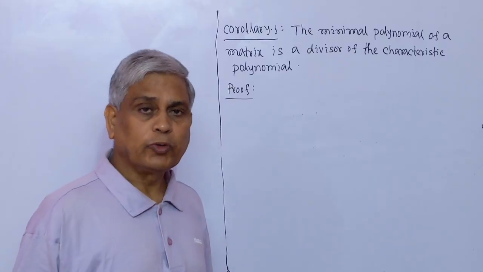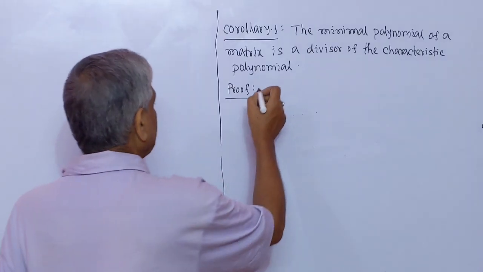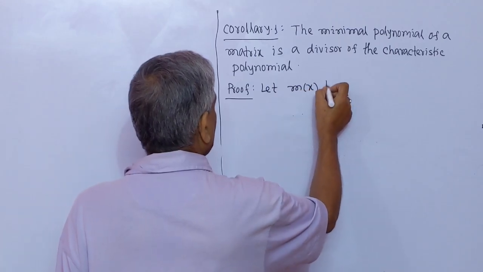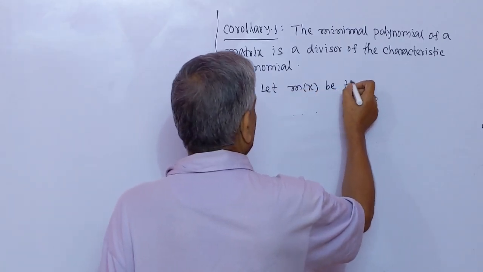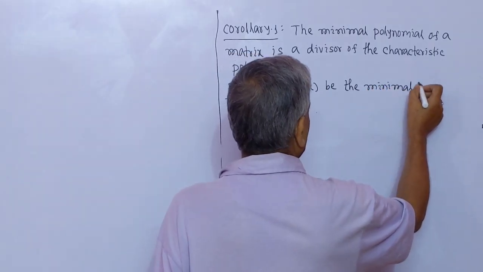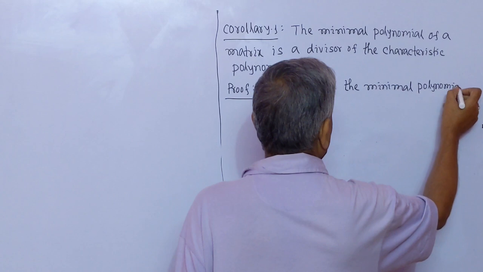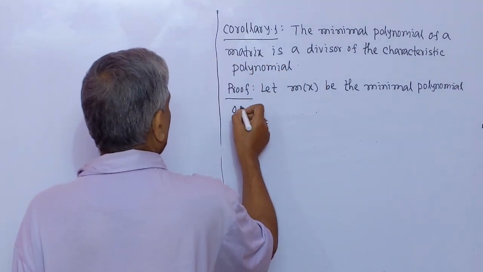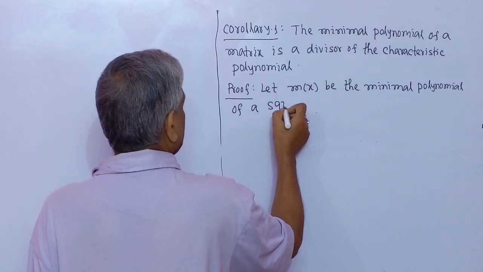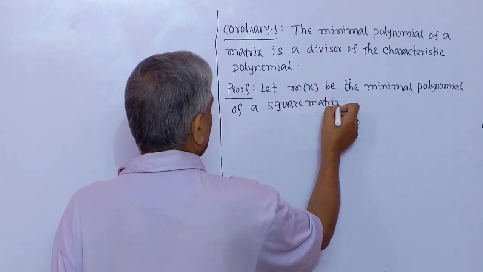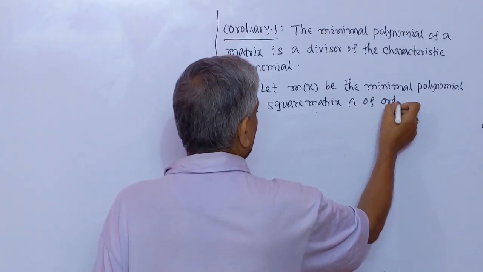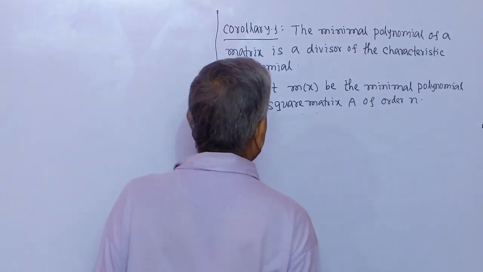Now we prove this. Let m(x) be the minimal polynomial of a square matrix A of order n.